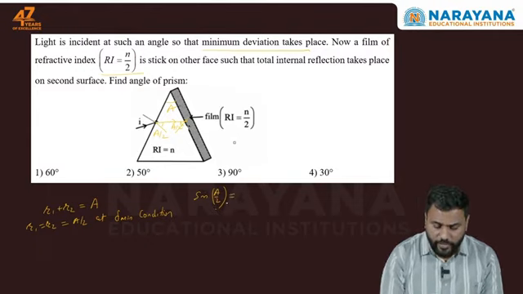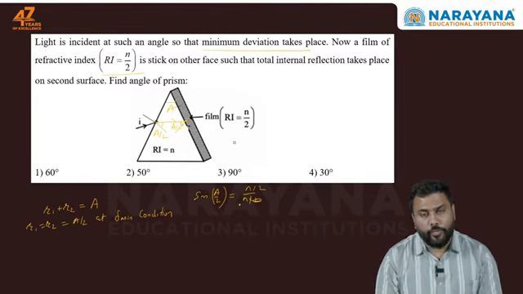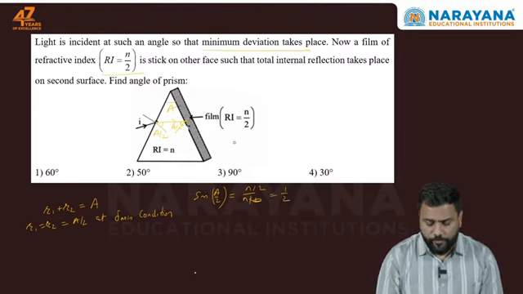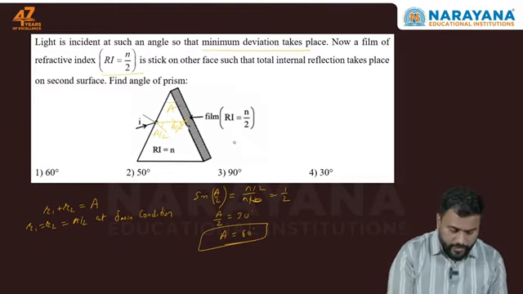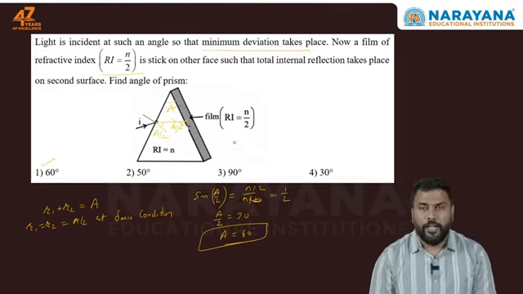So sine of critical angle should be equal to mu of the rarer medium upon mu of the denser medium, which is going to be n by 2 by n. So it's going to be half. Since sine of A by 2 is half, we can write A by 2 should be 30 degree or A should be equal to 60 degree. So very easily we are getting option 1. Let's see the next question.